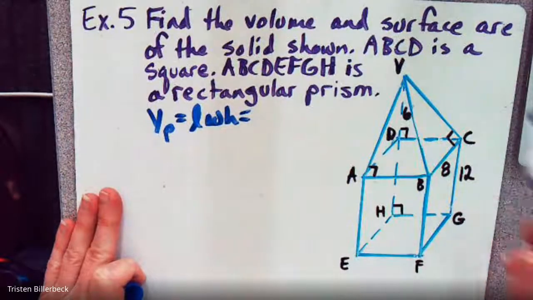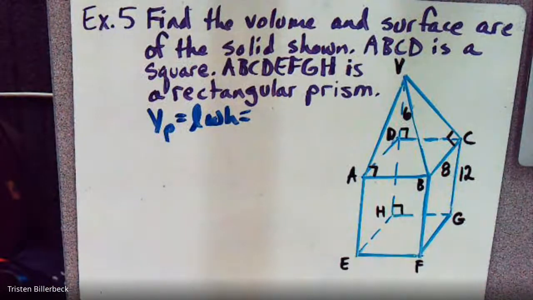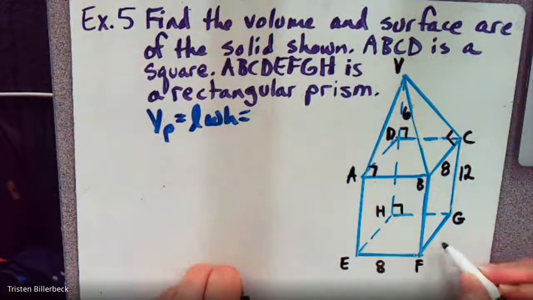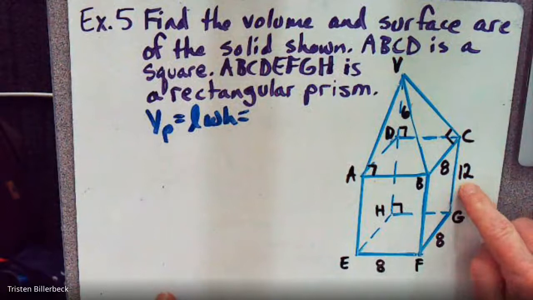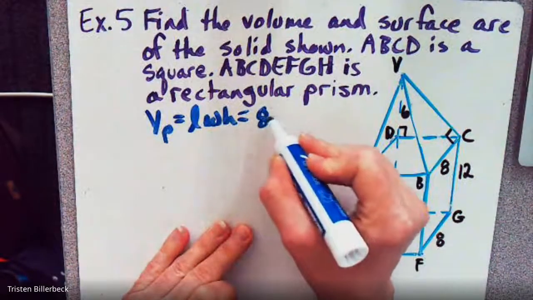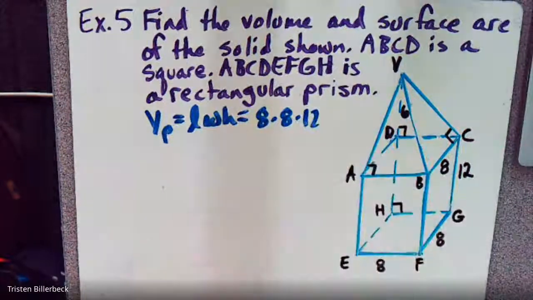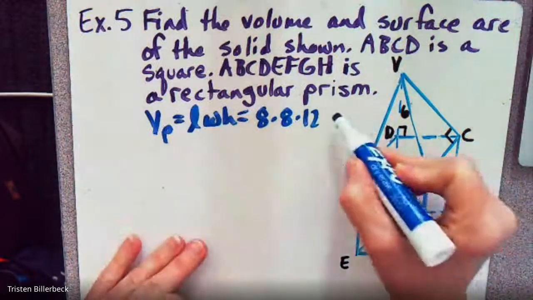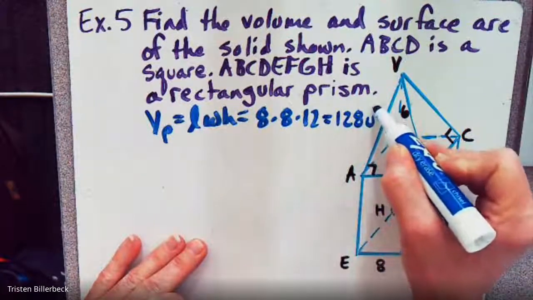If ABCD is a square, that means this is also 8 right here. So we have 8 here, 8 here, and then the height here of 12. So this is just 8 times 8 times 12, which ends up being 128, and then we have units cubed.